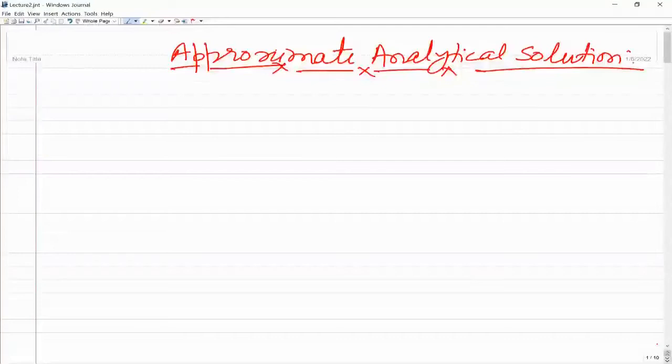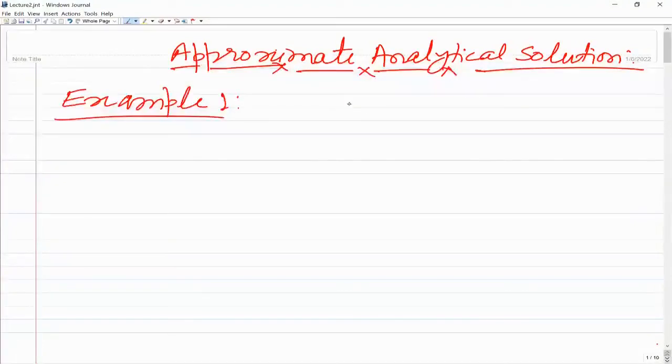So I'm going to take some examples. So let me first take one example on this. So example 1. Let us take the same rod problem which I had mentioned. I had derived the differential equation for this. So let us say that this is the rod subjected to a distributed load, q.